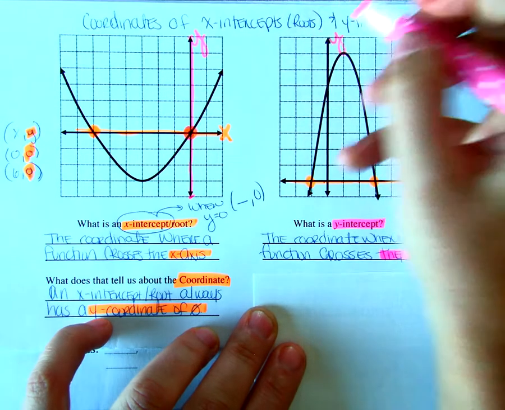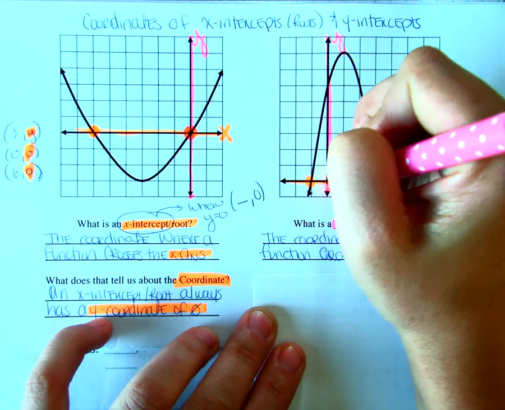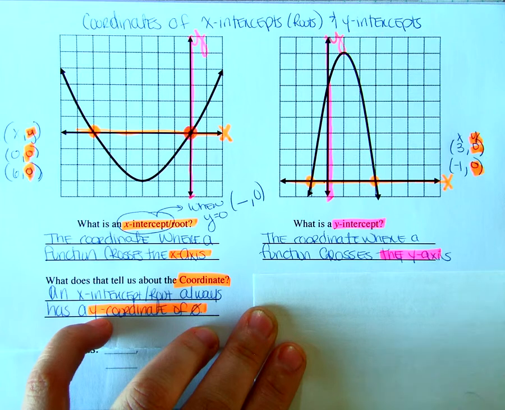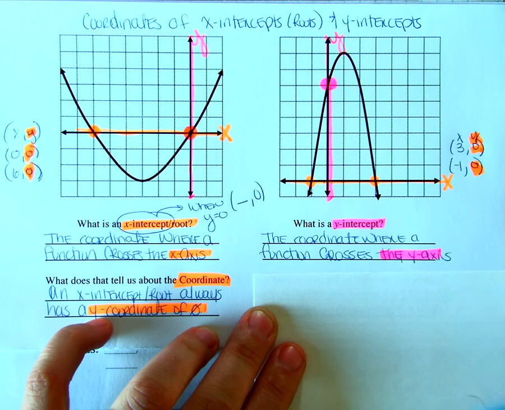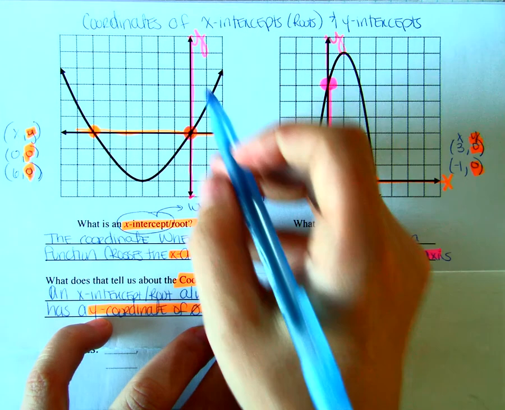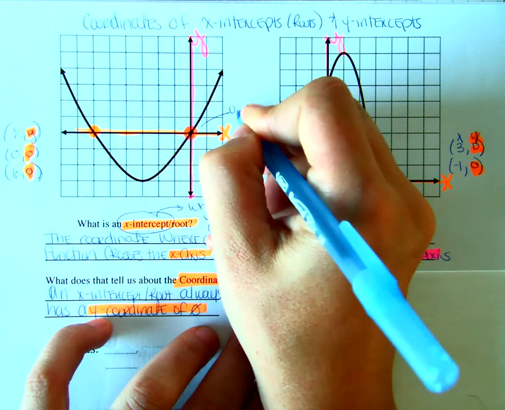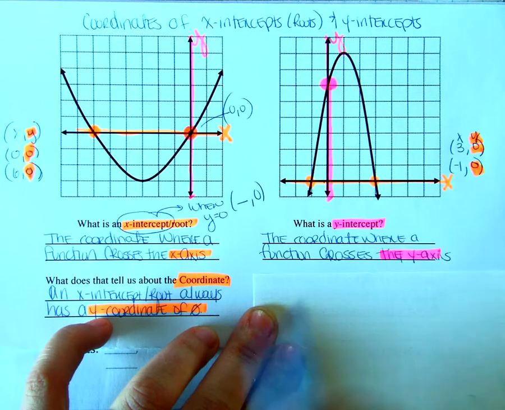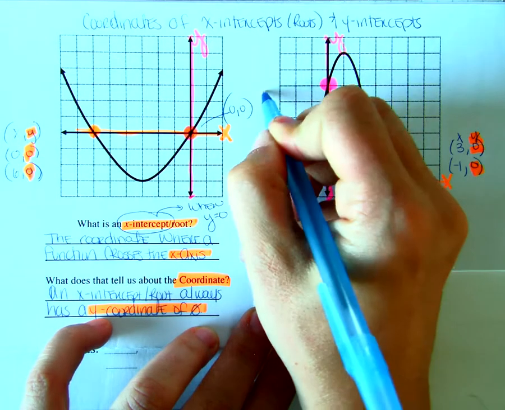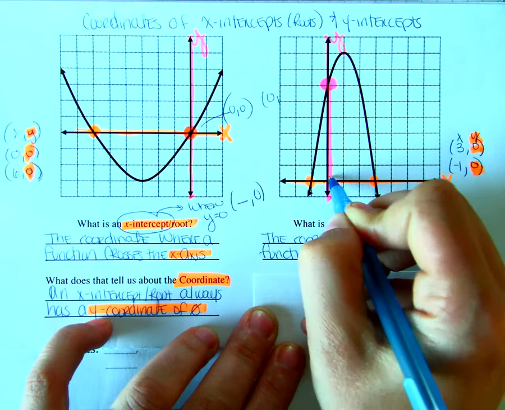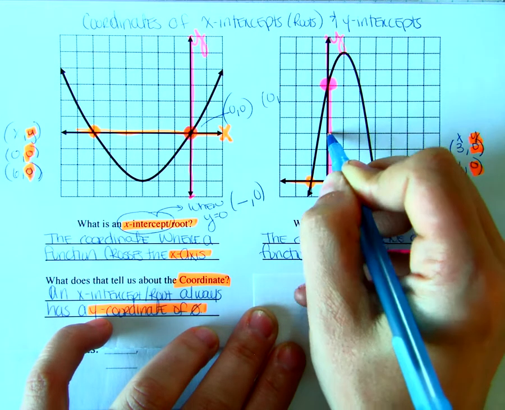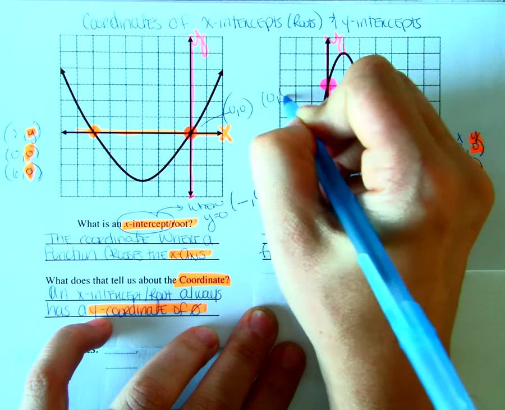Here's our y-axis. Where does our graph cross the y-axis? And that would be at this coordinate here. This is again the coordinate 0, comma 0. This is the coordinate, again, left or right, 0. So the x-coordinate is 0, y-coordinate is up 1, 2, 3, 4, 5, 6 units.